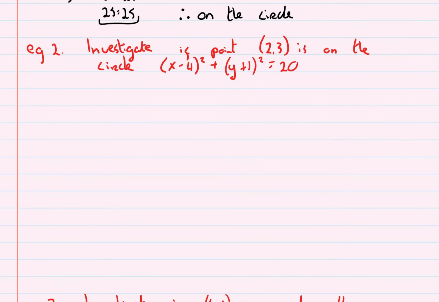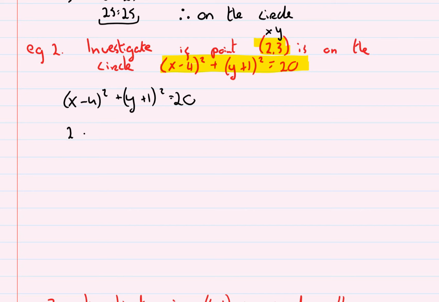Next one, investigate if the point 2,3 is on the circle x minus 4 squared plus y plus 1 squared equals 20. So this circle is a circle with centre not 0,0. Same rules apply though. Take our equation and take our x value and our y value and slot it in.